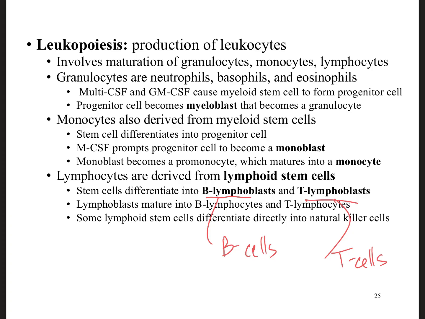They reference where they mature. B cells mature in the bone marrow. T cells mature in the thymus. And some lymphoid cells differentiate directly into a different type of immune cell called a natural killer cell. We'll talk about those when we go through the immune system in more detail.